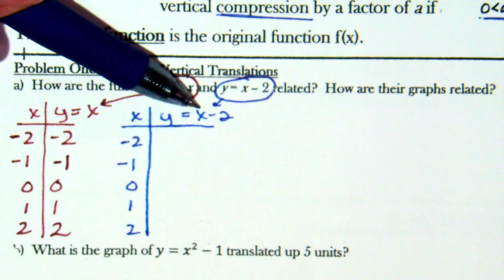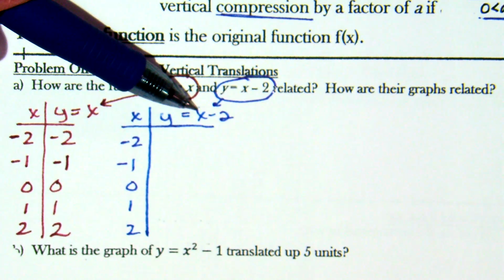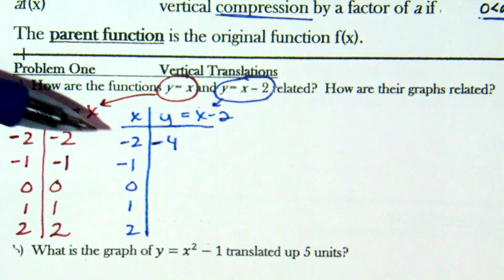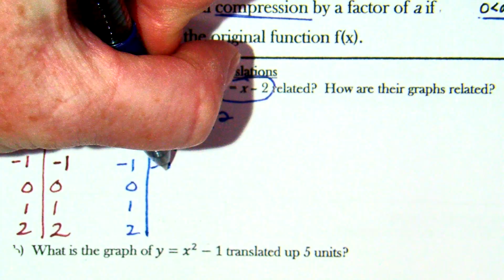Right, but if I put in -2 for x, we're going to do -2 minus 2, which is -4. Okay? So if I put in -1, putting in -1 in place of x, -1 minus 2 is -3. 0 minus 2, 1 minus 2, and 2 minus 2, 0.